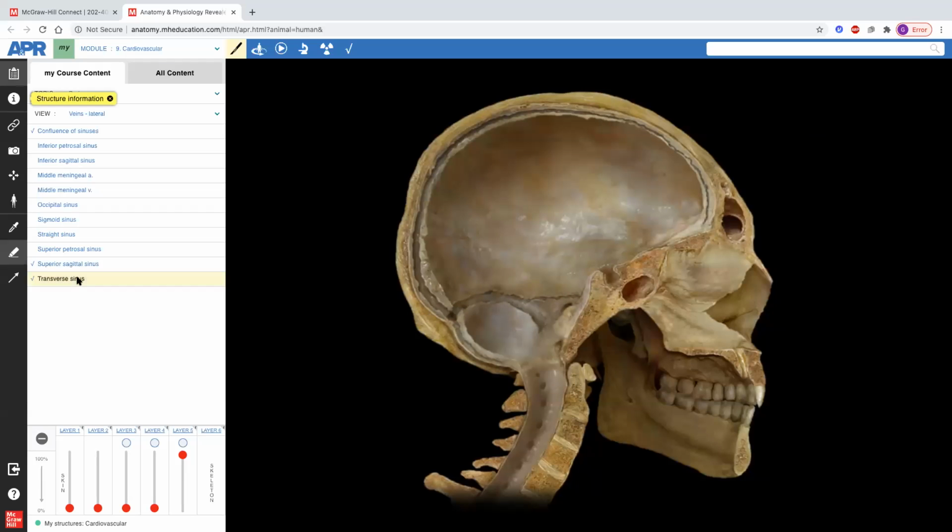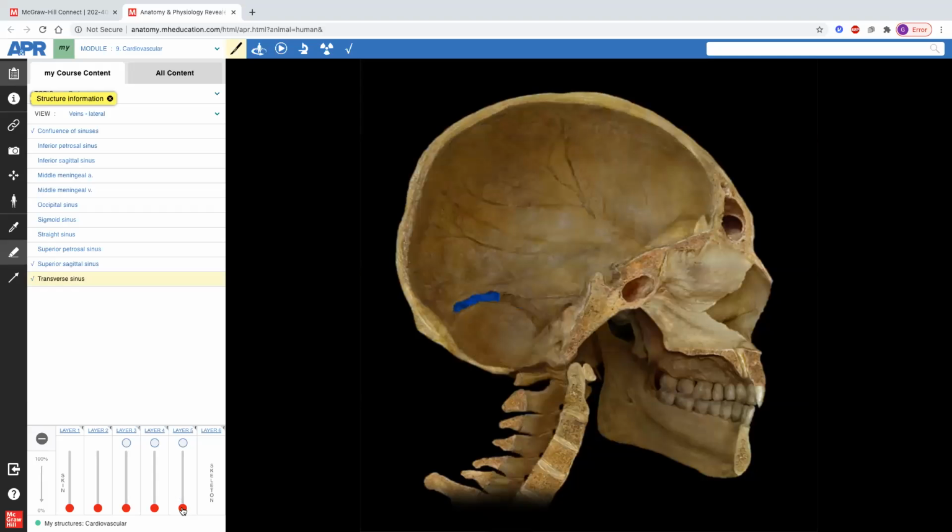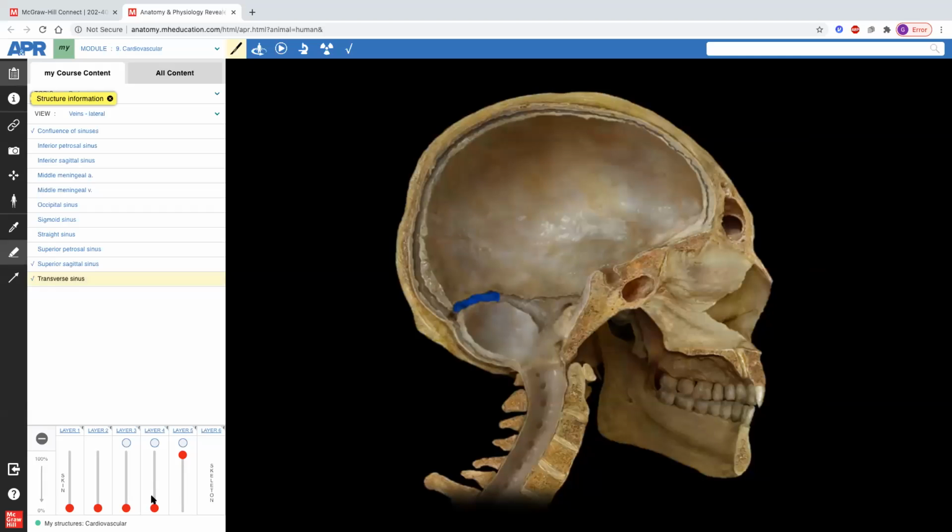The transverse sinus, right, found on your tentorium cerebelli, and the main purpose of these is to drain blood out of the skull and into your internal jugular veins. So there's superior sagittal sinus, and then on the sides, the transverse sinuses, one on each side, even though there's only one superior sagittal sinus, right?